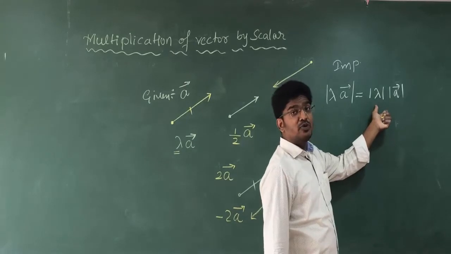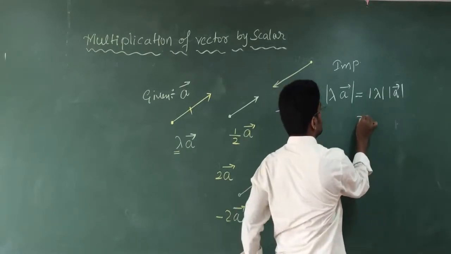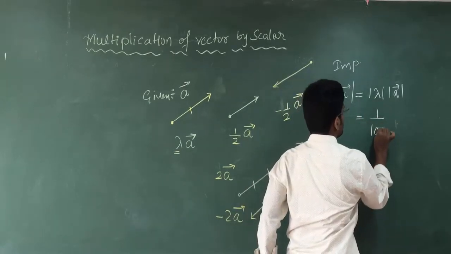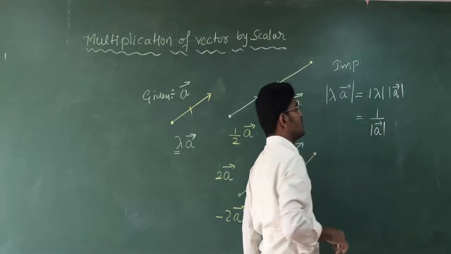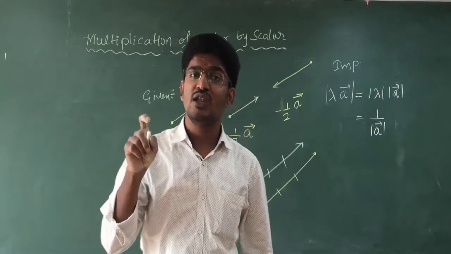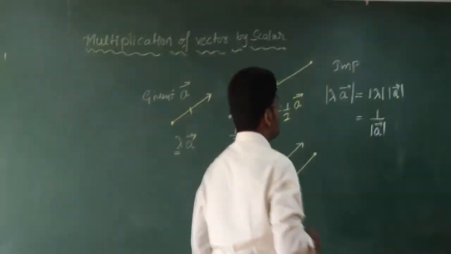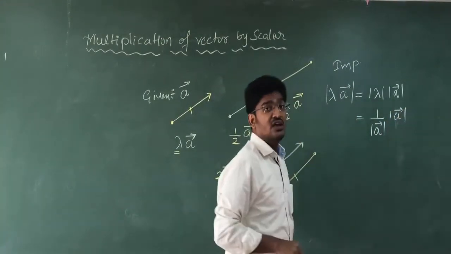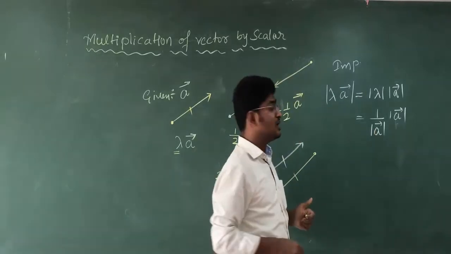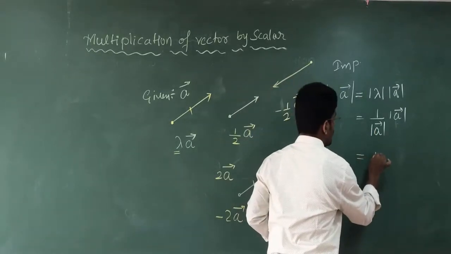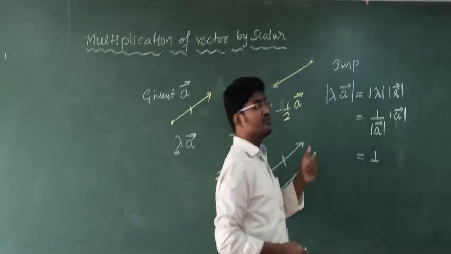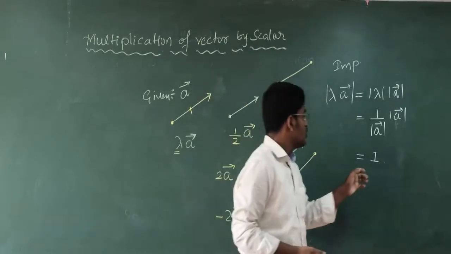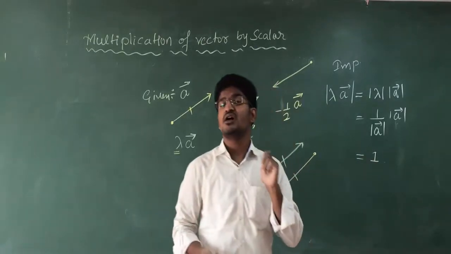Now, if I put the lambda value as 1 by mod of vector A, and here it is mod of vector A, if I simplify this, you are going to have 1 as your answer.